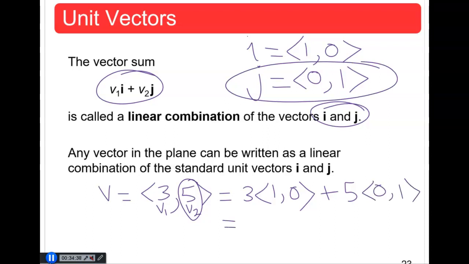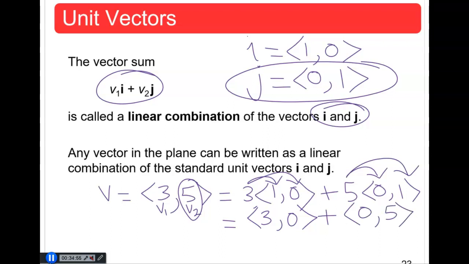And so this will give us 3, 0, if we distribute the 3 to the 1 and to the 0. And for the other one, after distributing, we will get 0, 5. And if we add those two vectors, we will get 3, 5, which is what we had started with.